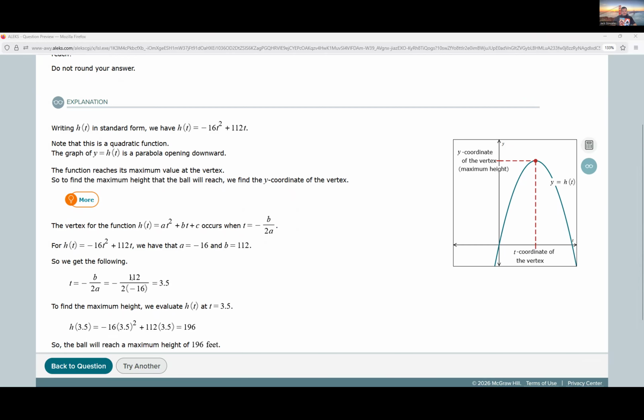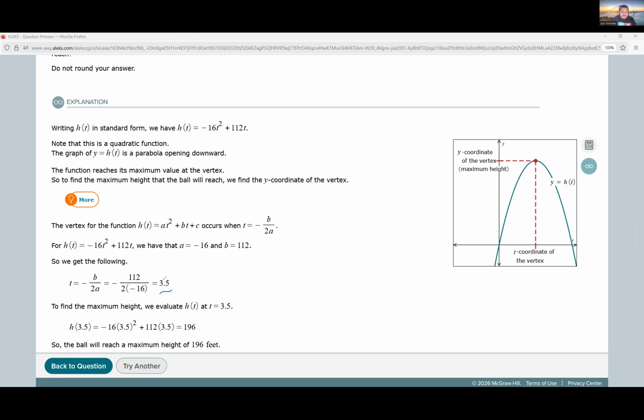Negative b over 2a, that's 112 over 2 times -16. You get your values. It's the exact same thing we just did, right? Just plug it in. Once you have that, plug in that 3.5, the time, and then you'll know where it happened. So you find the t, which is the x, plug in that value, and you get the output, which is usually the y.